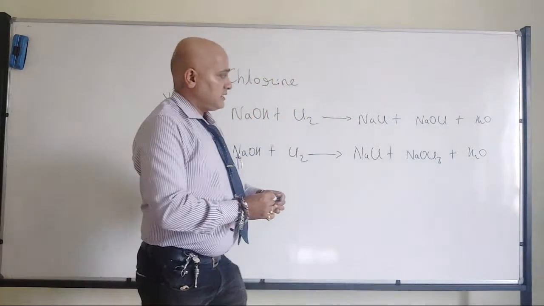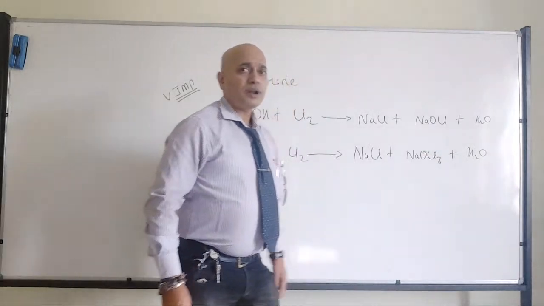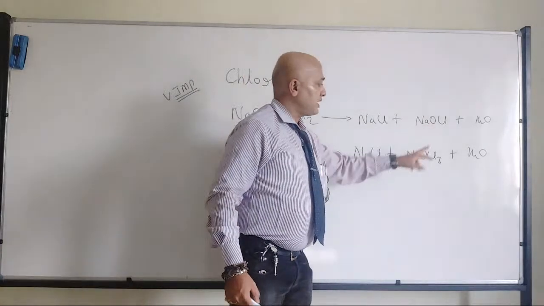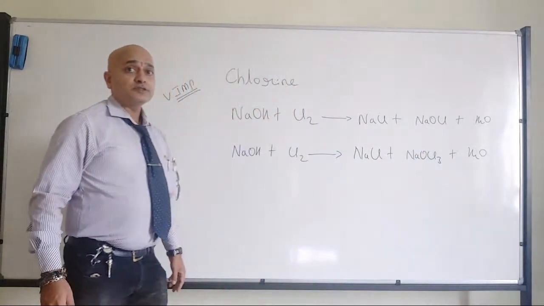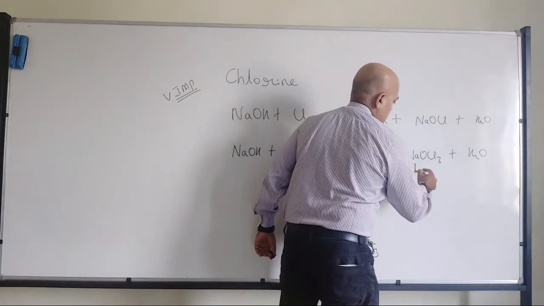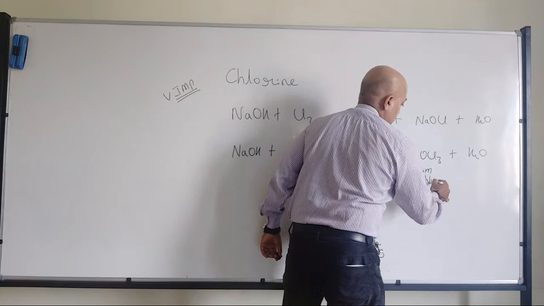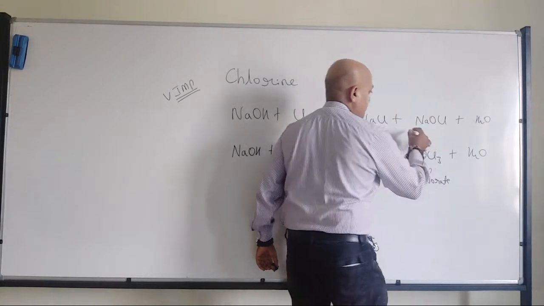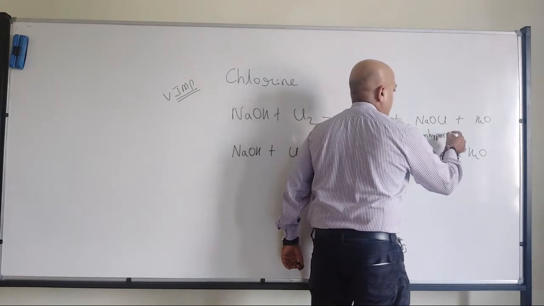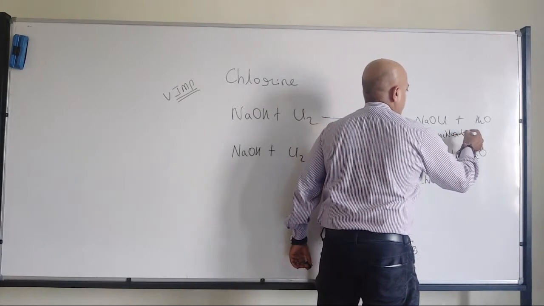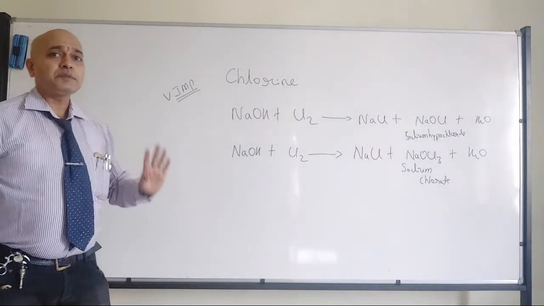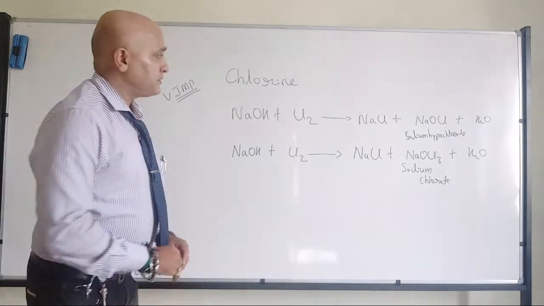So this is chloride, hypochlorite, and this is chlorate, sodium chlorate. Sodium hypochlorite. Okay, so these are the products. That's where they differ. Rest of the products will be same.